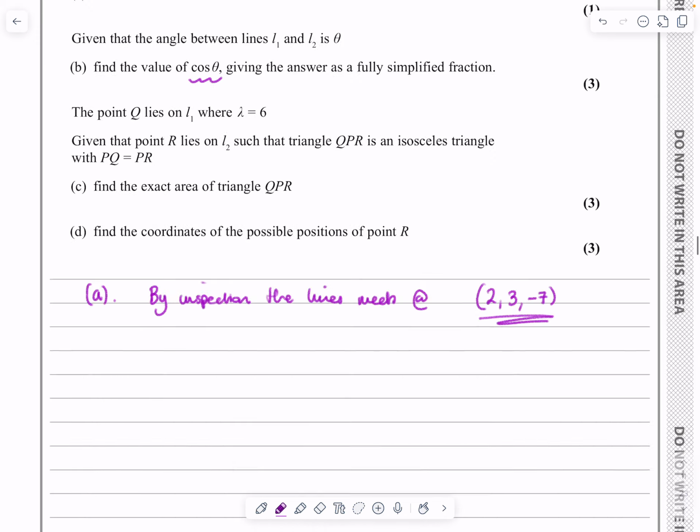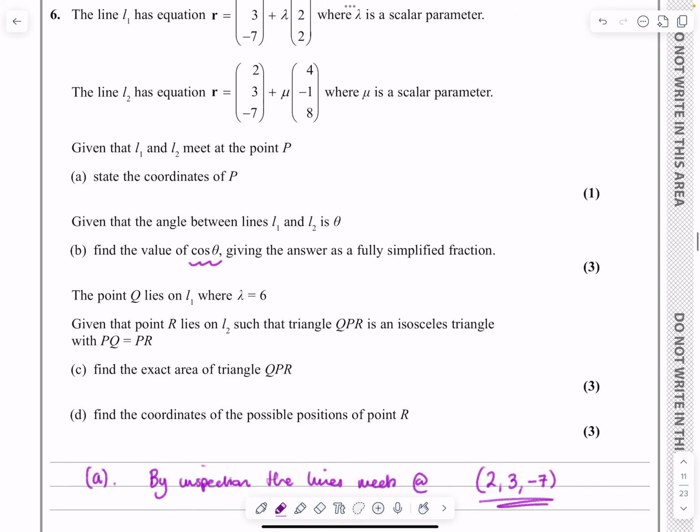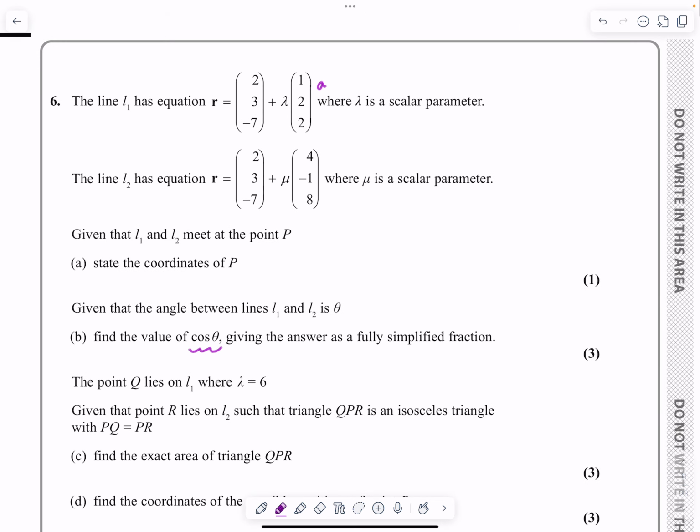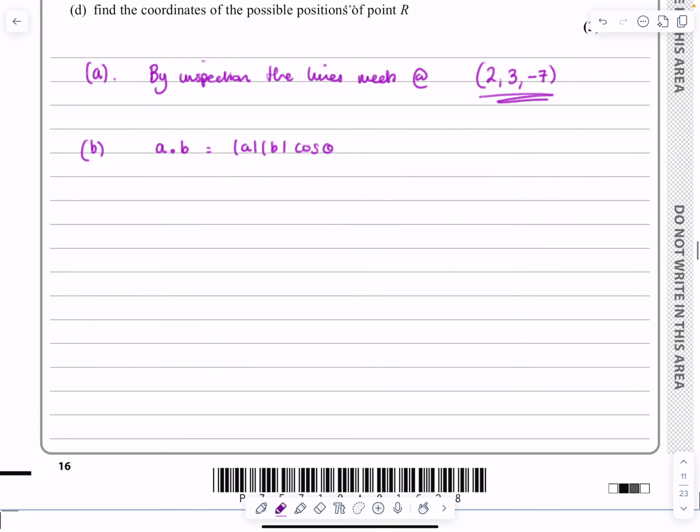Again, part B here. You hopefully know that A dot B is equal to the modulus of A times the modulus of B times cos theta. So we're taking the directions. This one's going to be A, this one's going to be B here. So if I do that, then I'm going to get that (1, 2, 2) dotted with (4, minus 1, 8) is equal to the modulus of those 2.